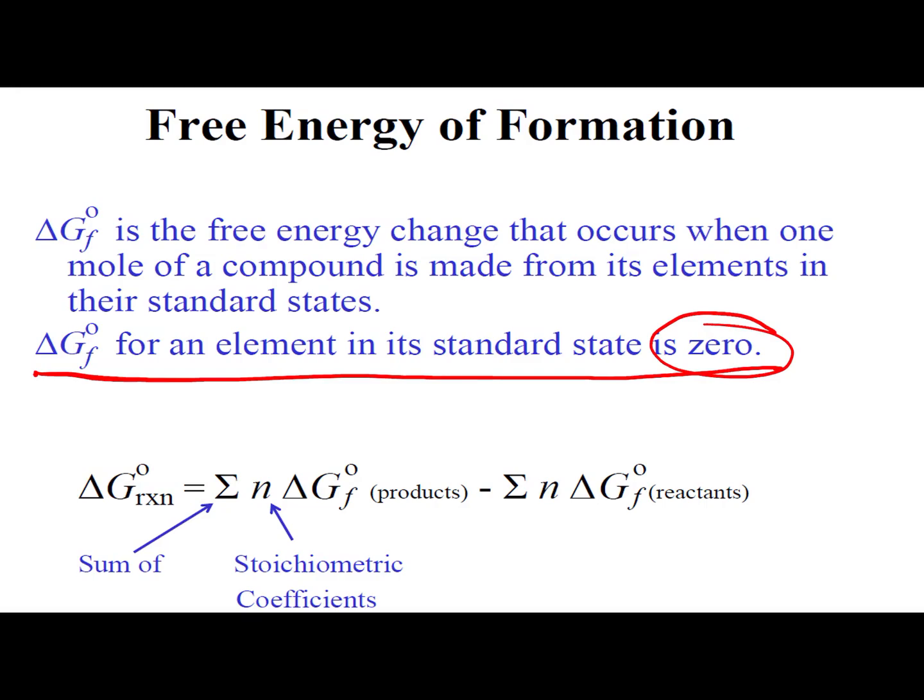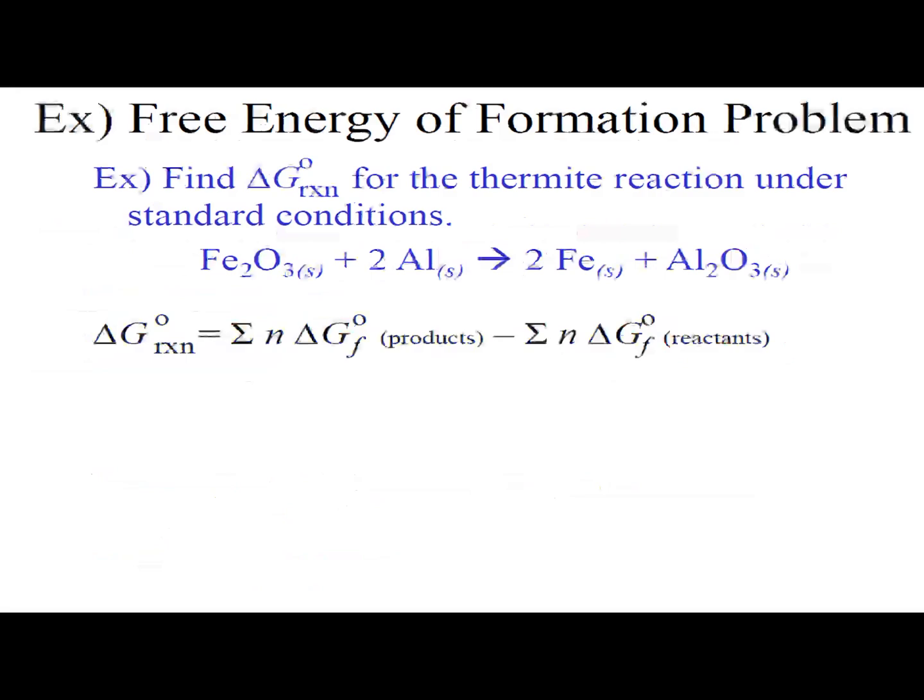So this equation is on your formula sheet, but the delta G naught of a reaction is the products minus the reactants. So let's practice with that a little bit. This says to find the delta G naught of the reaction for the thermite reaction under standard conditions. So this is the thermite reaction.